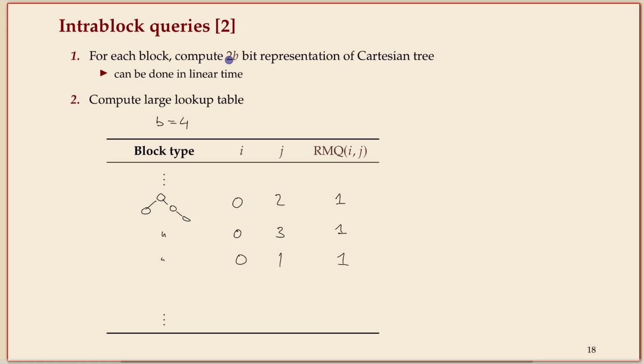What we also need is, for each of the blocks that our array has, we compute the little 2b bit representation of its Cartesian tree. And so instead of storing this tree here, what we really store is its encoding. So that's 0, 0, 0, 1, 0, 0.